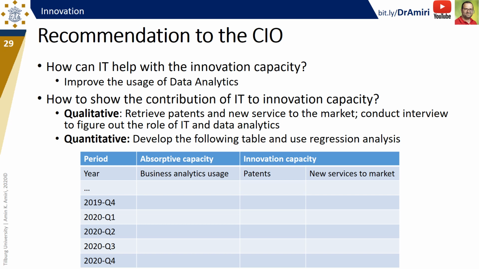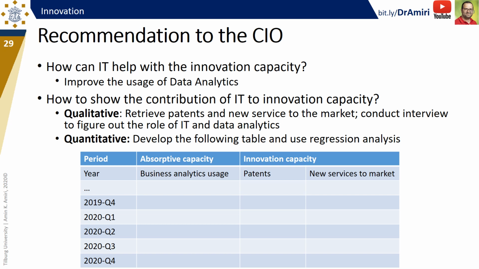So increasing the usage of data analytics applications can increase the number of patents in the organization, and that will in turn increase the number of new services and products introduced to the market.